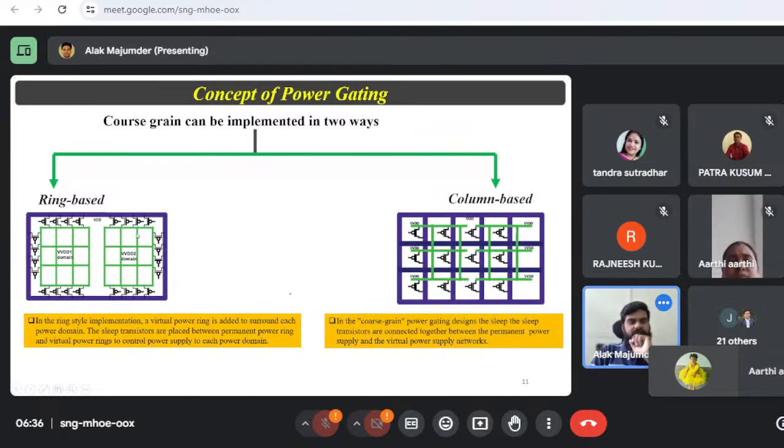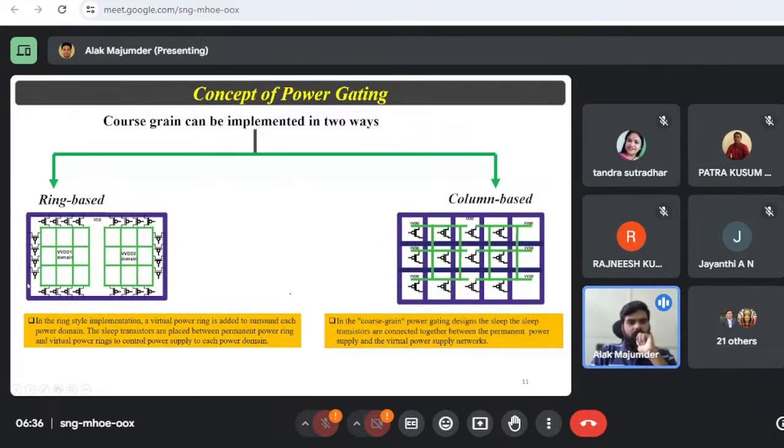On the left hand side, all these boxes are sub-blocks. The blue lines are the power line, and from that power line we are bringing the power to the internal sub-blocks through some PMOS, right? If the arrangement is like this, it is called ring.